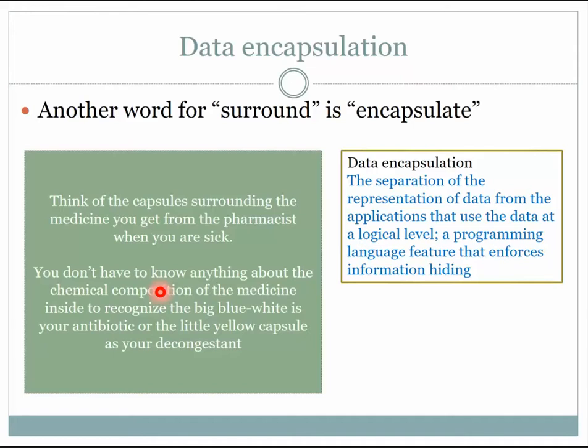So sama juga dalam data encapsulation, dia adalah proses. So kat sini kita define dia sebagai the separation of the representation of data from the application that use the data at logical level. A programming language feature that enforces information hiding. So kalau boleh kita tak nak, bila kita nak makan ubat, kita kena tahu composition ubat tu adalah paracetamol berapa persen, ini berapa persen, barulah kita tahu oh ini rupanya ubat demam.